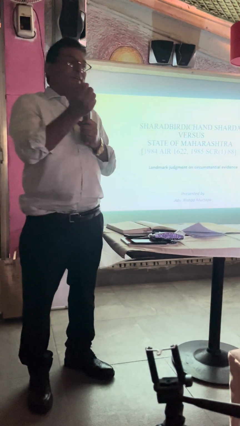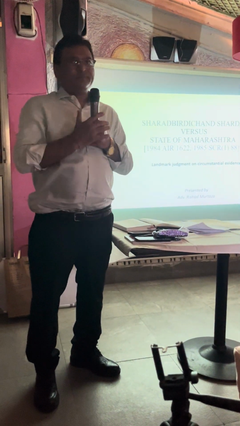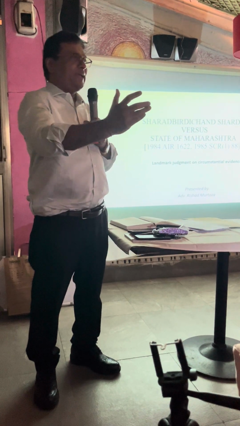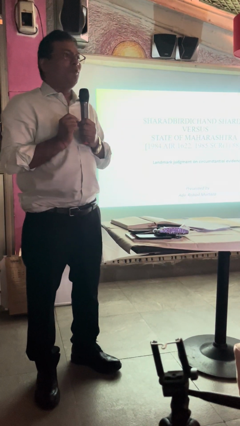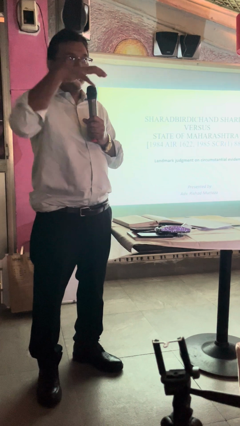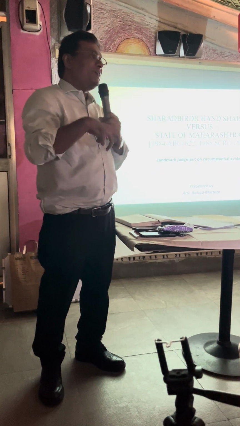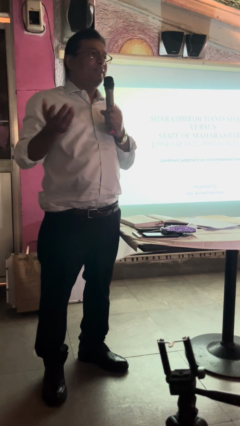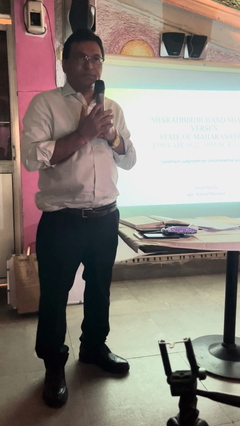So he might find a murder weapon. Suppose there is a knife with blood stains next to the body. So what will he do? He will secure that knife, make sure evidence is not destroyed, and send it to the laboratory to find out whether it contains any fingerprints or not.